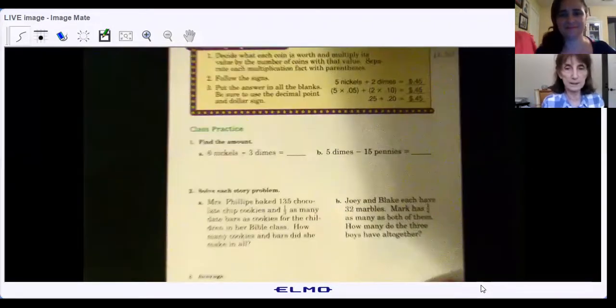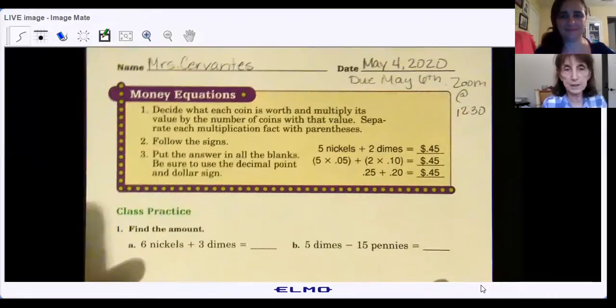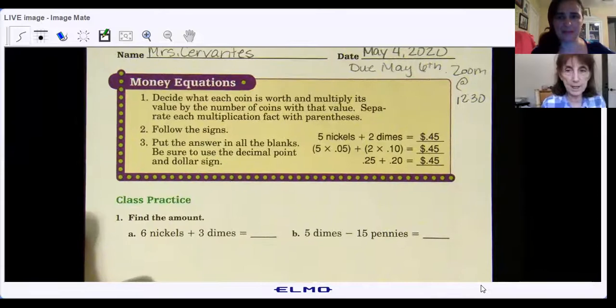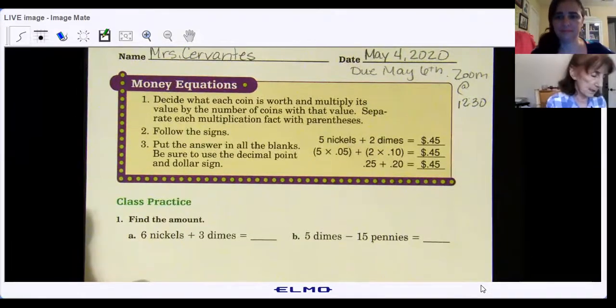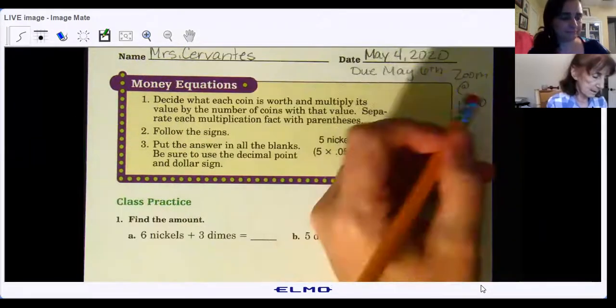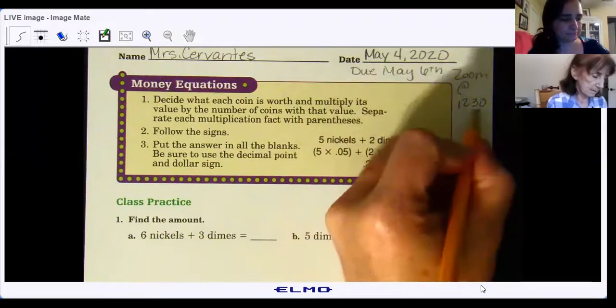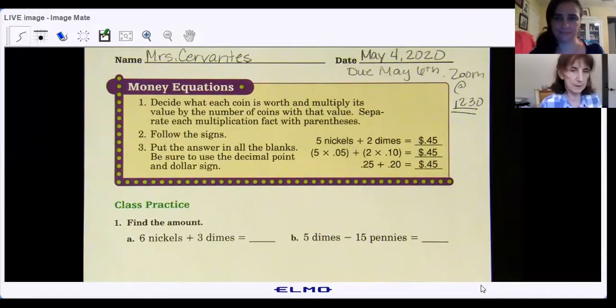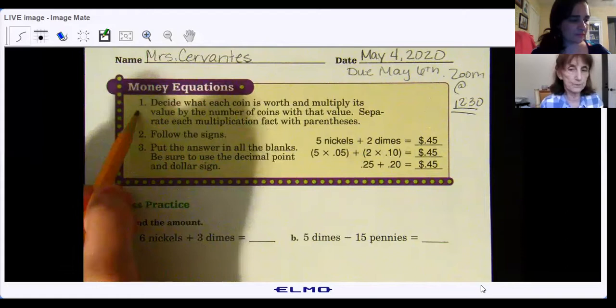Yes, there we are. Okay. Put your first and last name on the name line. This is May 4th, and this is due on May 6th, Wednesday. We're going to decide what each coin is worth and multiply its value by the number of coins with that value.